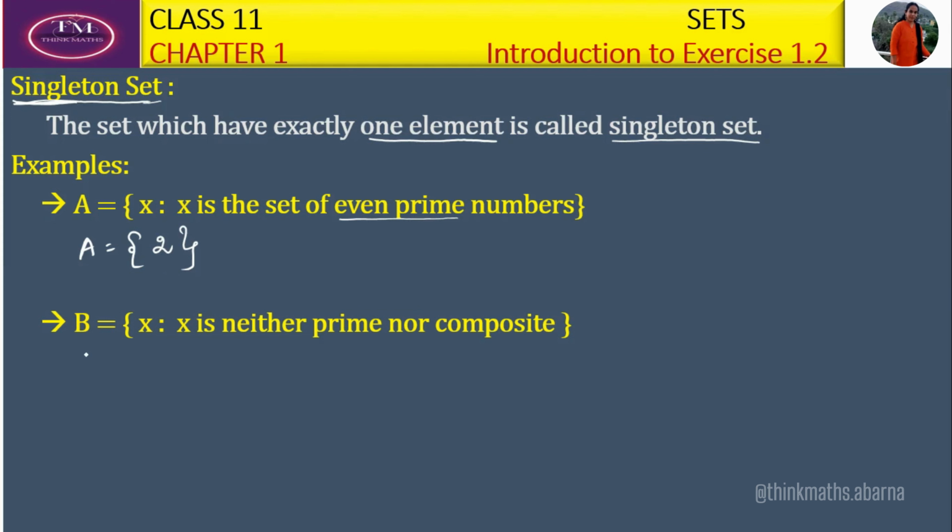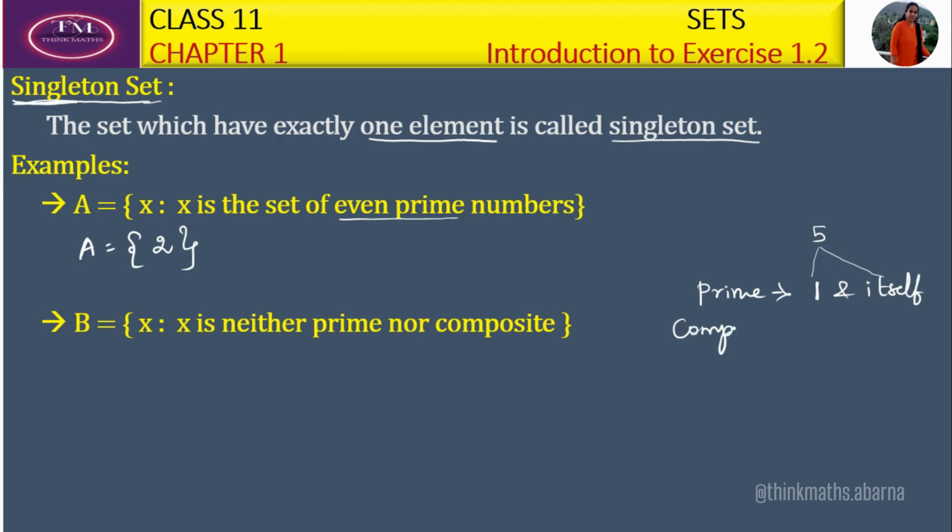In the same way, B is equal to the set of all x such that x is neither prime nor composite. Prime means the number should be divisible only by 1 and itself. If we take 5, 5 is divisible by 1 and 5 is divisible by 5.